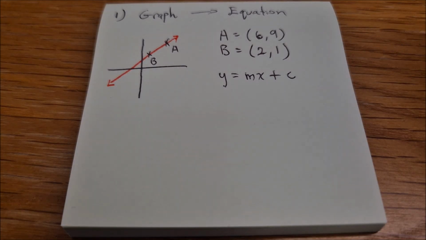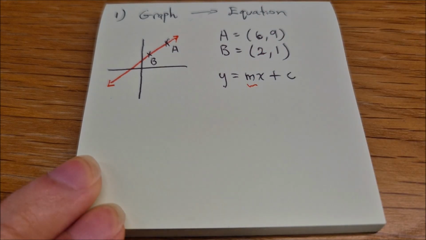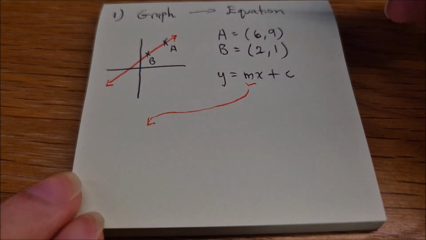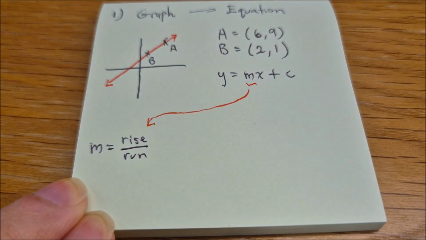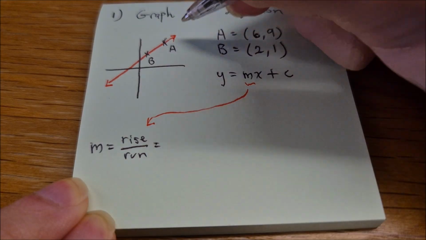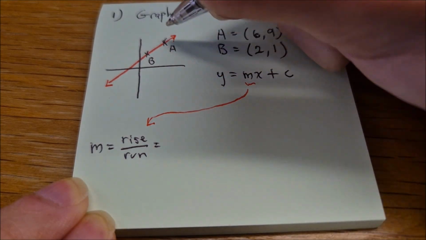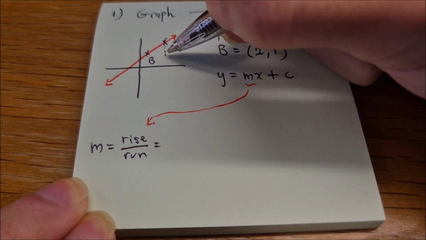Starting with the gradient, which is m, find it as rise over run. So m equals rise over run. Our rise, the distance between the 2 points in the vertical, would be this.